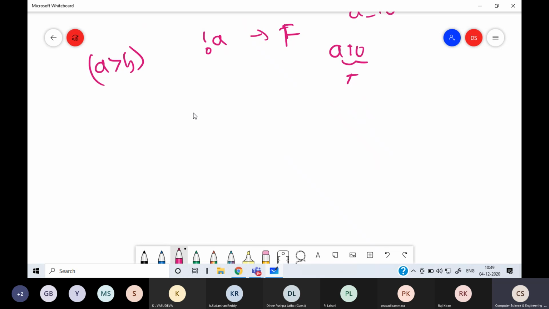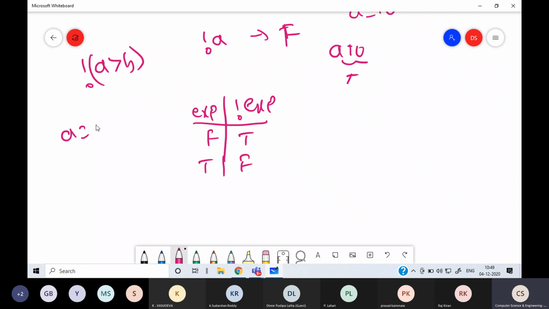So suppose I take expression 1, it may be a single expression, and not expression. If this is false, this is going to be true, and if this is true, the result is false. Suppose A is 10 and B is 5, then 10 greater than 5 is true, so not of this is going to be false.